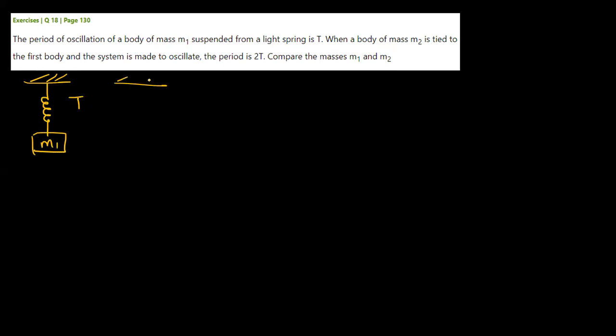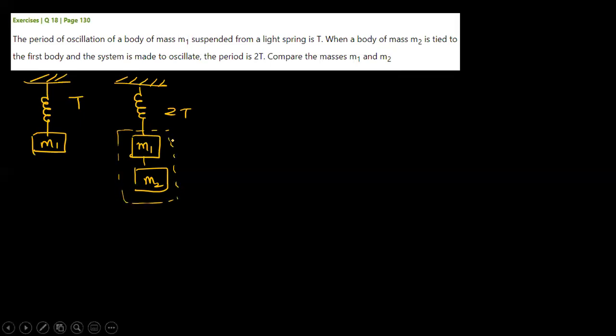I have one more similar setup, which is suspended, and the time is given as 2t. But here one condition is given. This is m1 with m2. There are two blocks now. The entire system has two blocks, and the two blocks have time period 2t. When there was one body, the time period was t. When there are two blocks, m1 and m2 both together, then the time period is 2t.